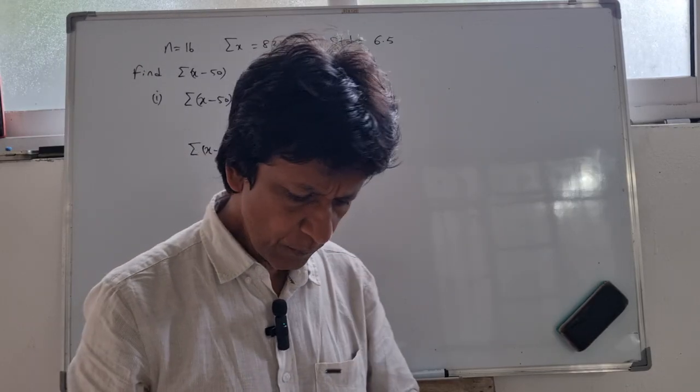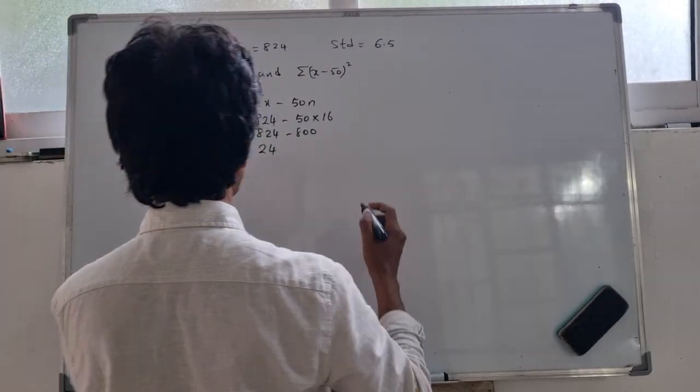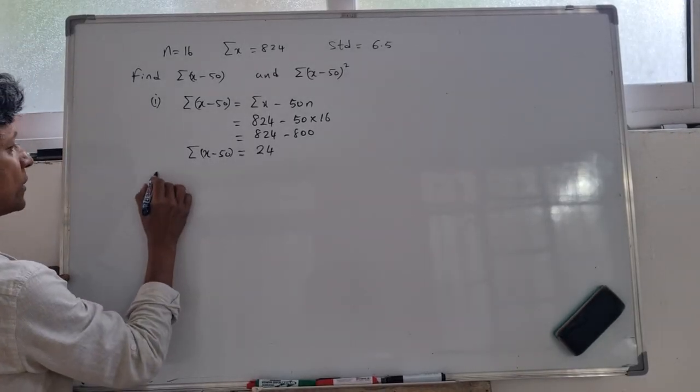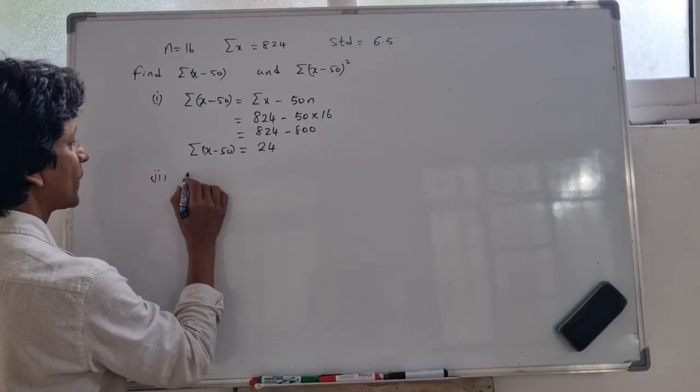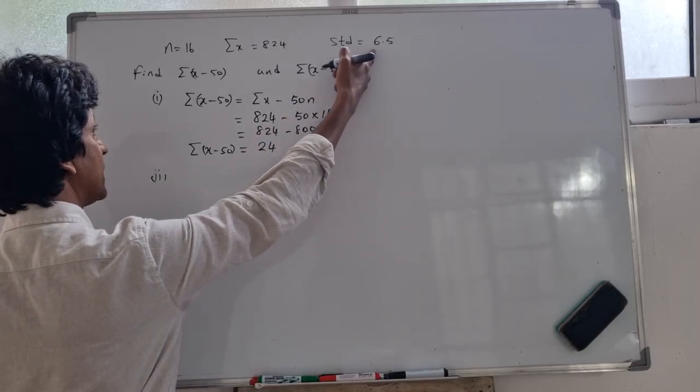Now we need the sum of (x minus 50) squared. The way we do this, let me just do it over here, is to use the formula. We understand that the standard deviation has been given here.